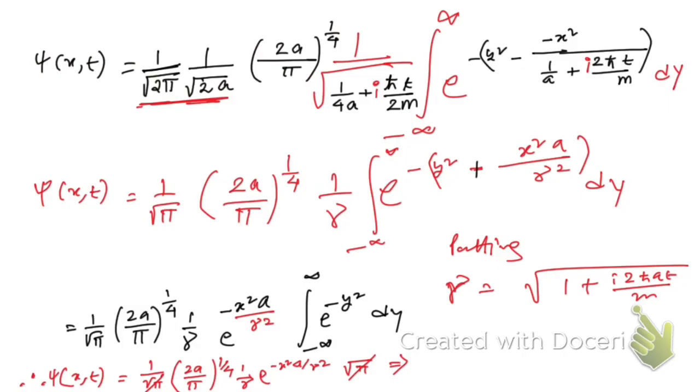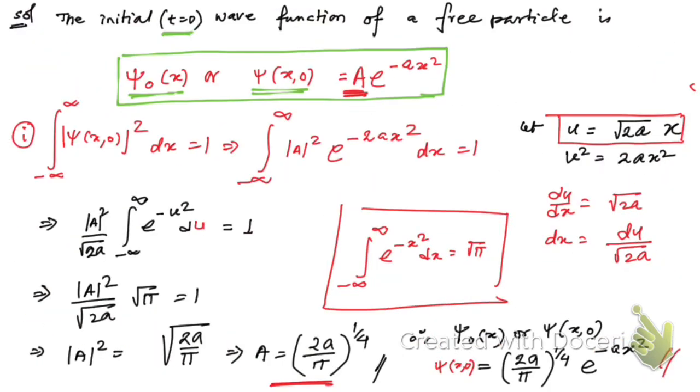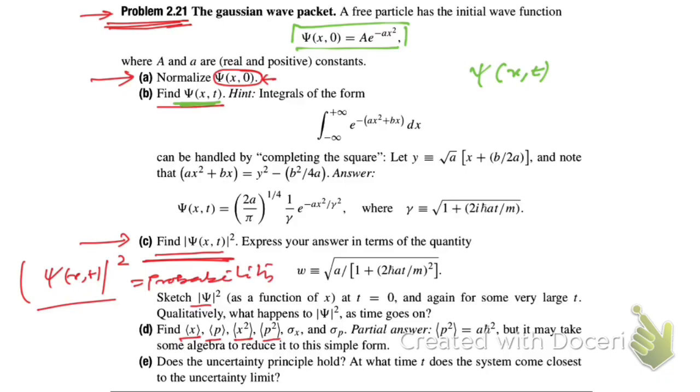So if you see the question number 3, find mod of psi x comma t, square of mod of this means this is probability density. Right? Let me obtain that.